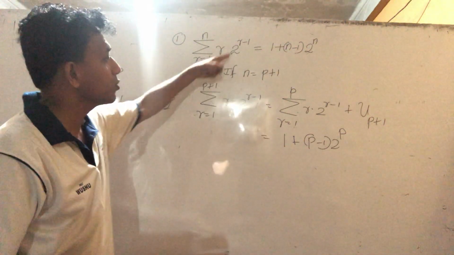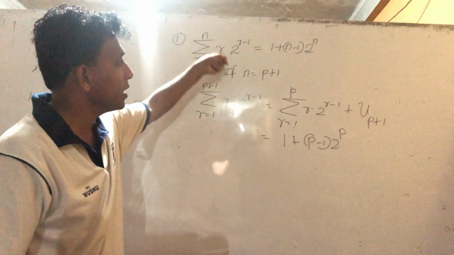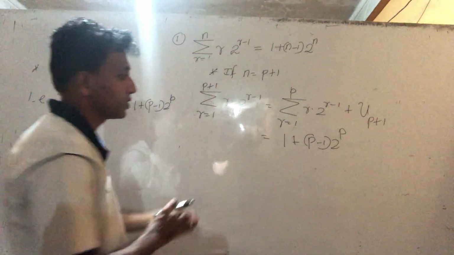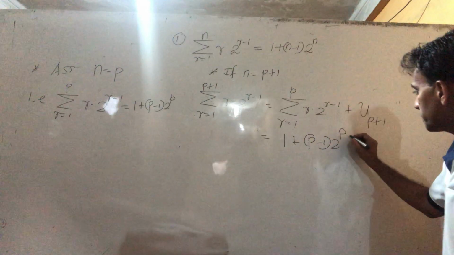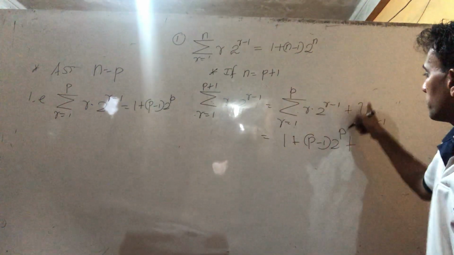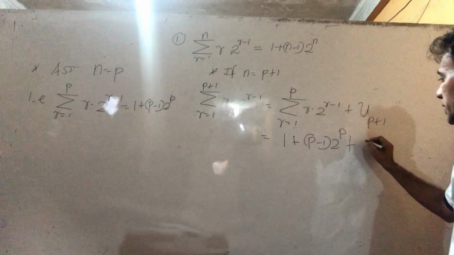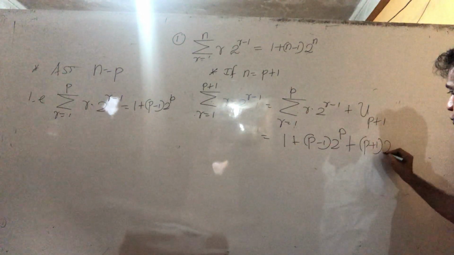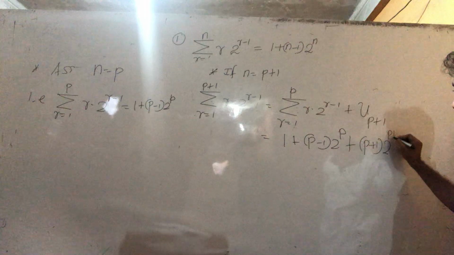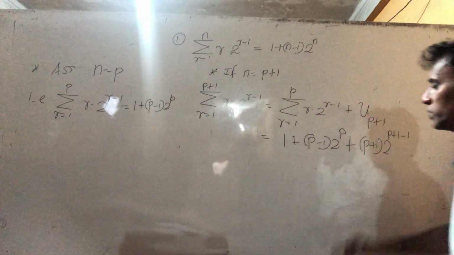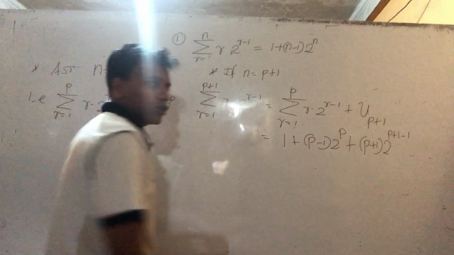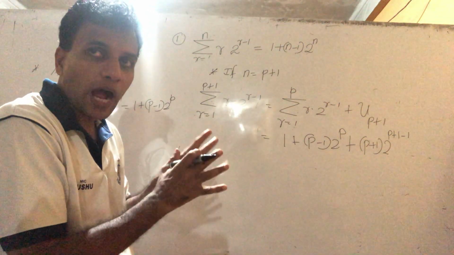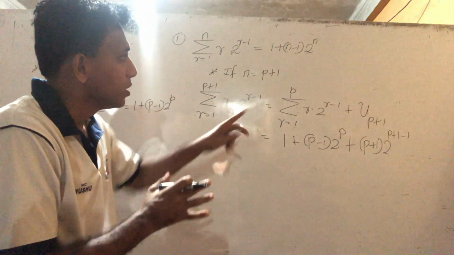Second term, put r for 2. 100th term, put r for 100. The p plus 1's term means put r for p plus 1. So here we add p plus 1 into 2 to the power p plus 1 minus 1, which is 2 to the power p. That's all. Now you have to simplify and show the actual answer.